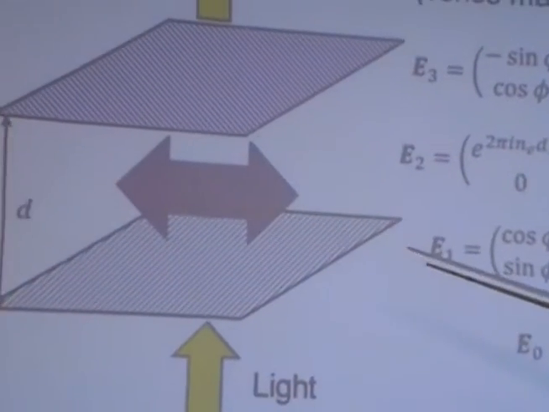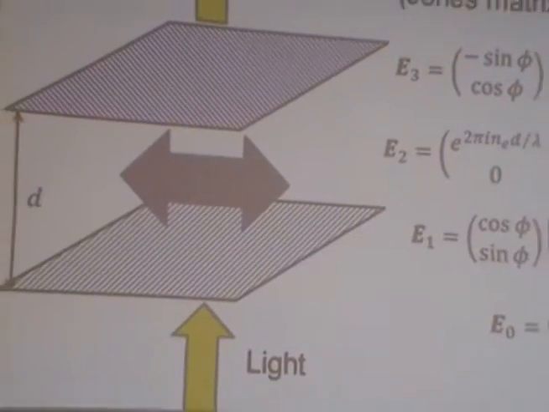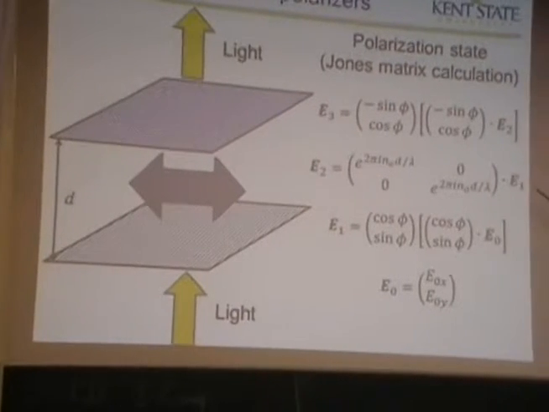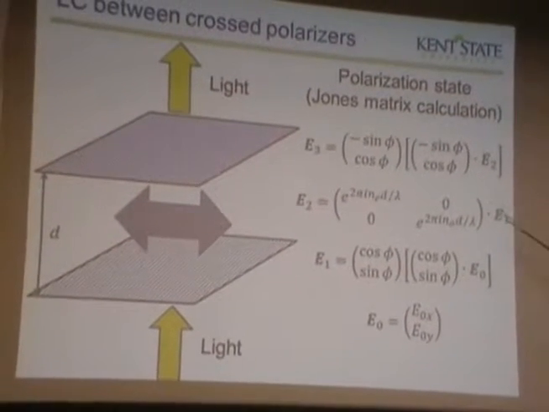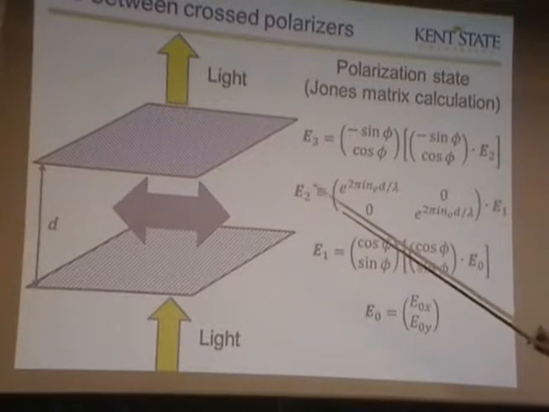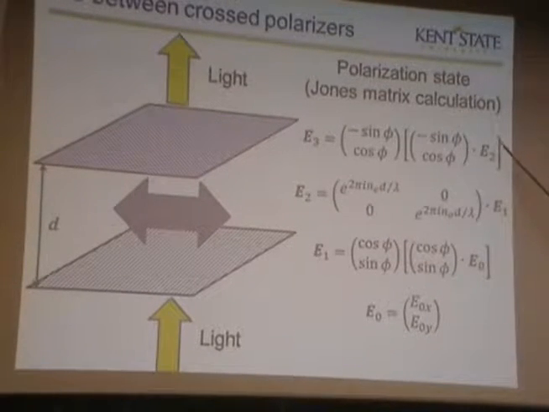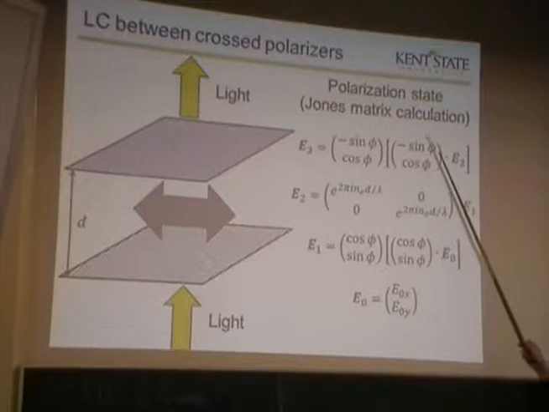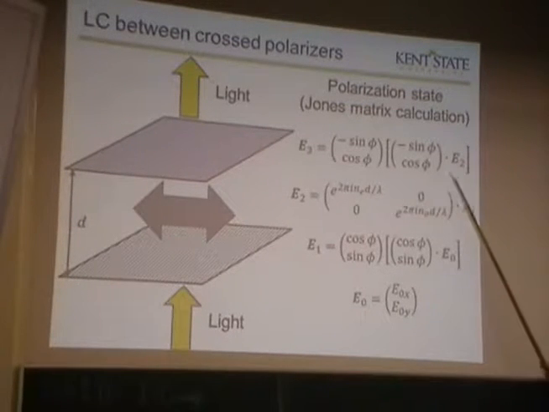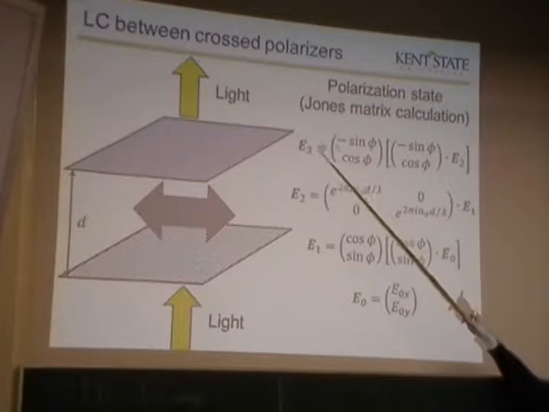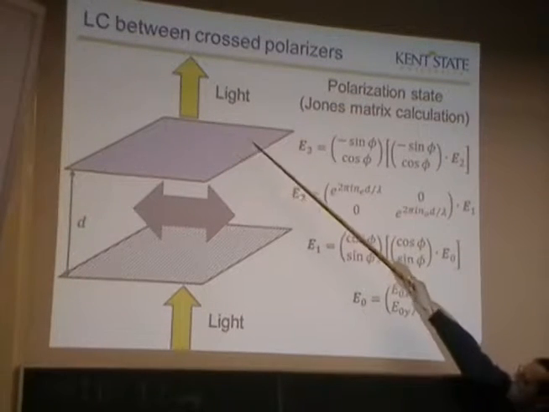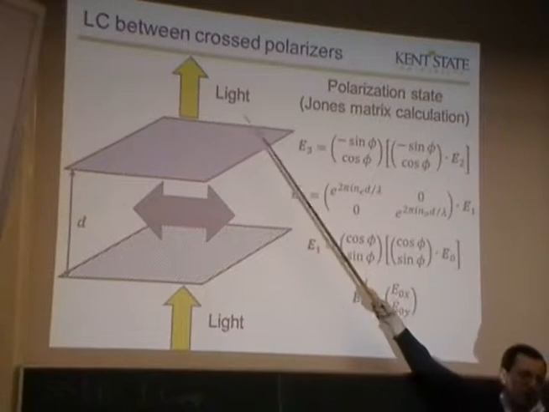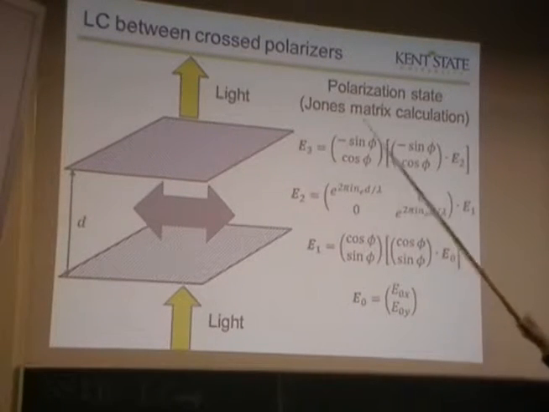Whatever the two-component vector is that represents light that's passed through the liquid crystal, we let the analyzer act on that, projecting it along the analyzer, and we get the light going through the analyzer, this E3.